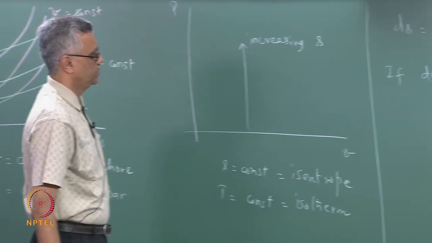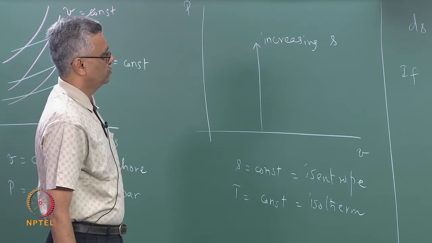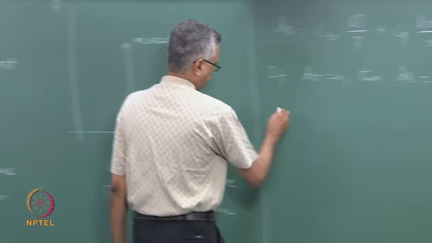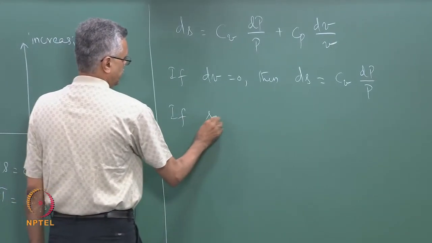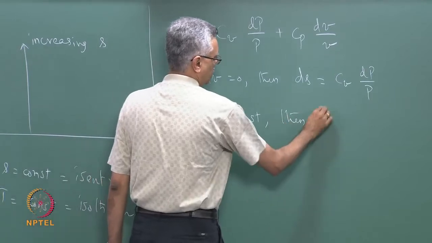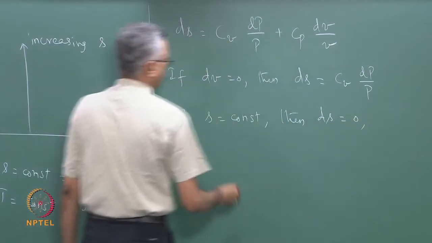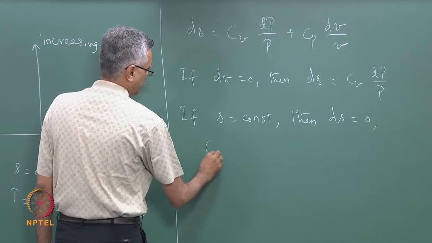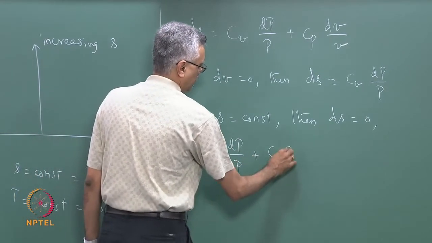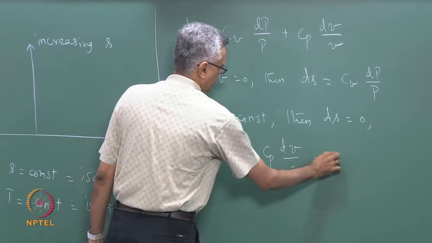In order to obtain the equation for an isentrope, or an S equal to constant line, I simply said if S equal to constant, then ds is equal to 0, just like what we did earlier. This gives me Cv times dP over P plus Cp times dV over V is equal to 0.